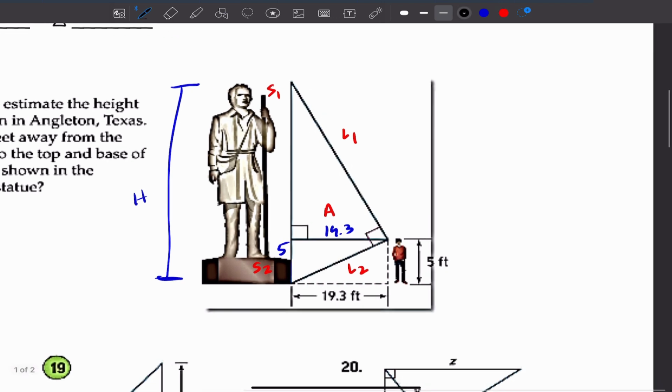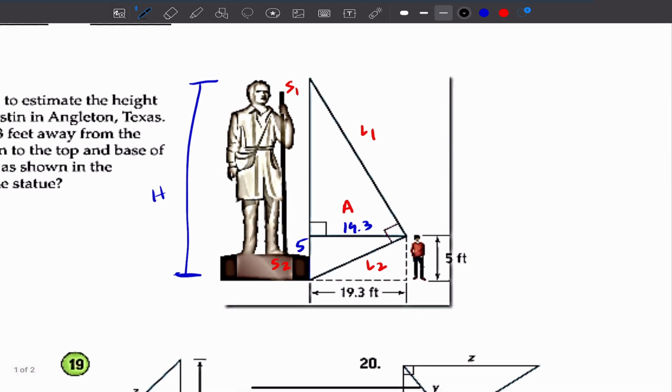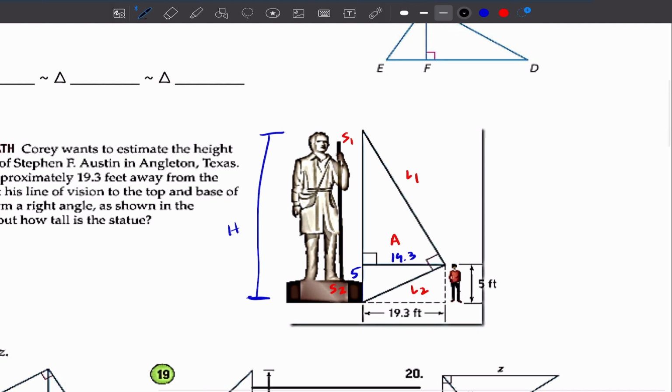Okay, so just by looking at this triangle, let me go ahead and write HL1, L1, S1, and then we have HL2, L2, S2, and then segment 1, altitude, altitude, segment 2.